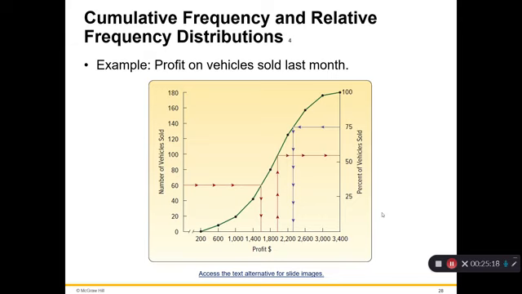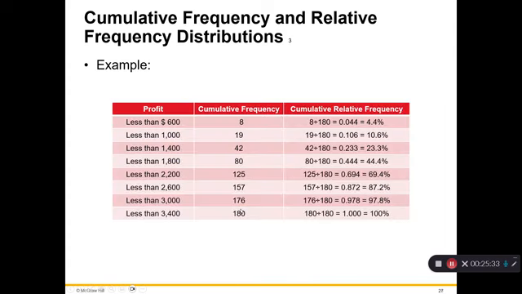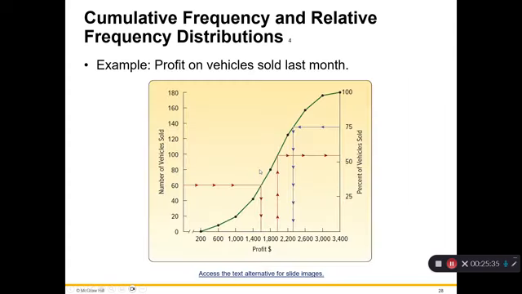Once we have that, we can plot this, and with the help of this, we can make many decisions. For example, profit on vehicles sold last month. We have this green line here plotting these values. The number of vehicles sold is on this side, the percentage of vehicles sold on this side.